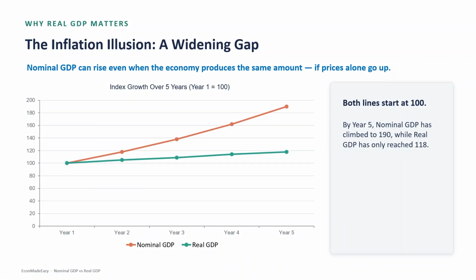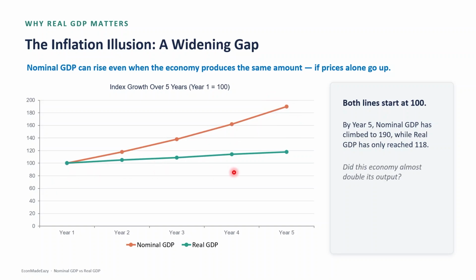Now let's see why real GDP is so important. Both nominal GDP and real GDP begin at an index value of 100 in year 1. Over the next 5 years, nominal GDP rises sharply to 190. Did this economy almost double its output? Looking only at nominal GDP, we might think that the economy has almost doubled in size.